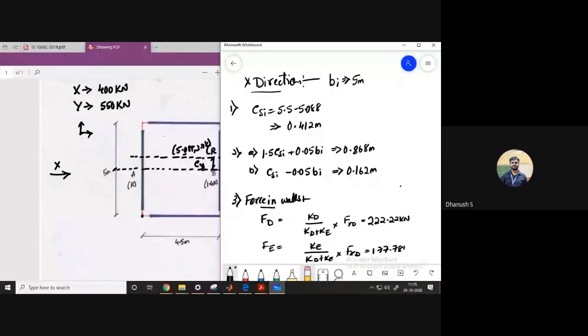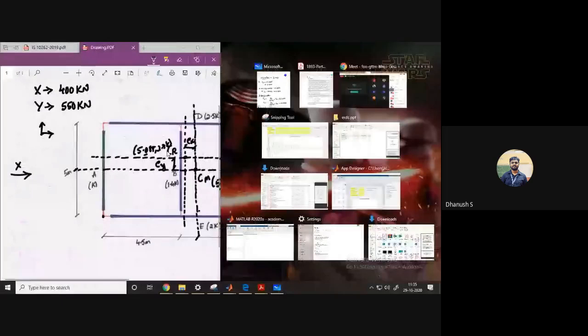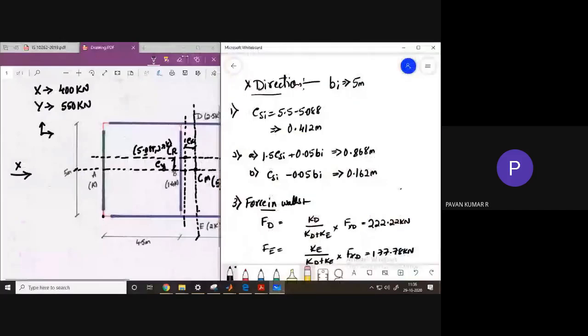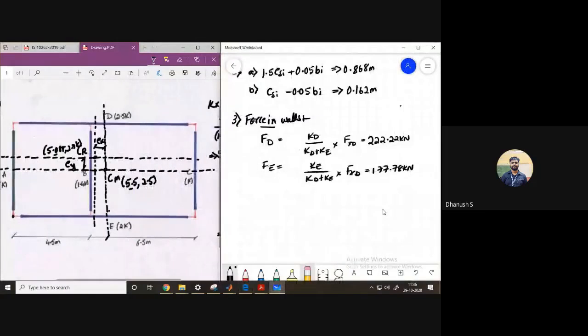Are these two values correct? Yes, sir. Everyone? Yeah, we've got the same answer. Did anyone get anything else? No, sir. Correct, sir.